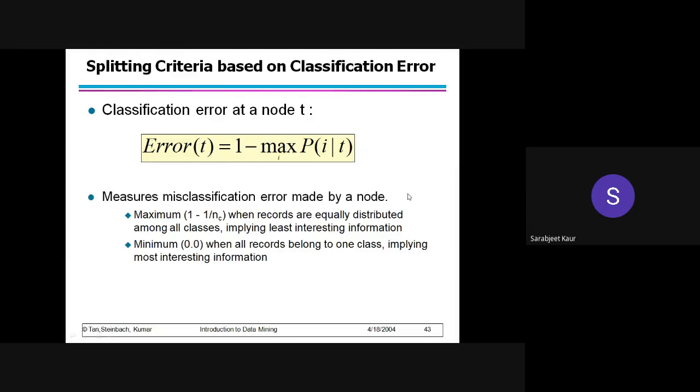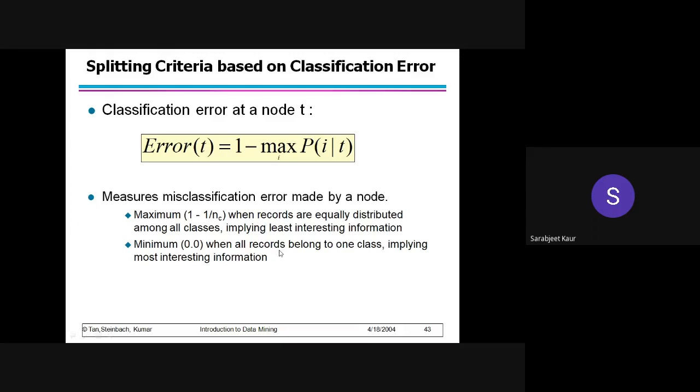So this is another thing that is introduced in the entropy. Then the last metric that we are going to look at today is the classification error. This is the formula for the classification error, and again its minimum value is 0 and the maximum value is just the same as the Gini. The implications are also the same.